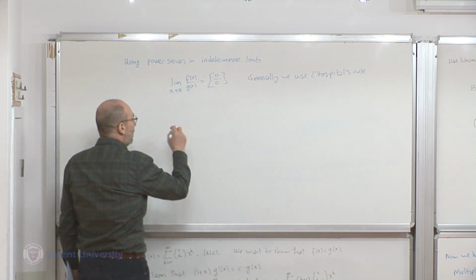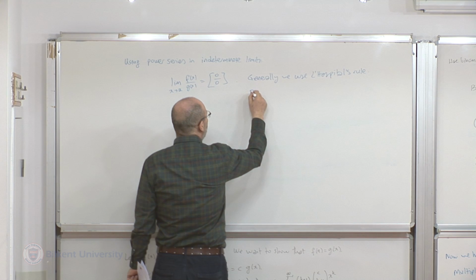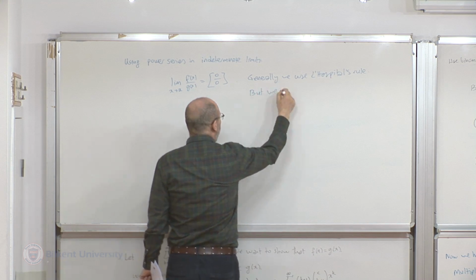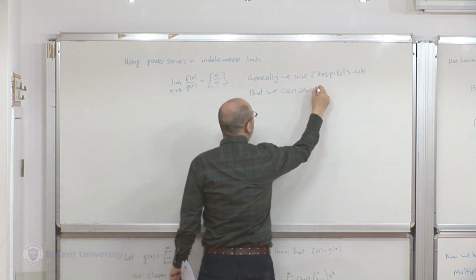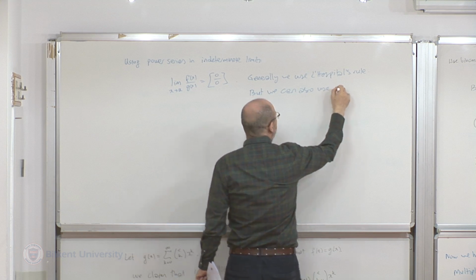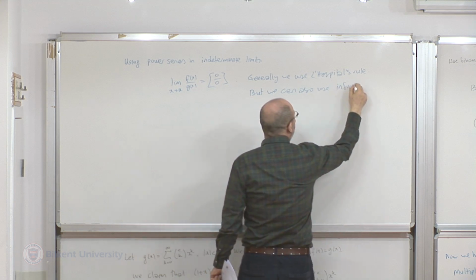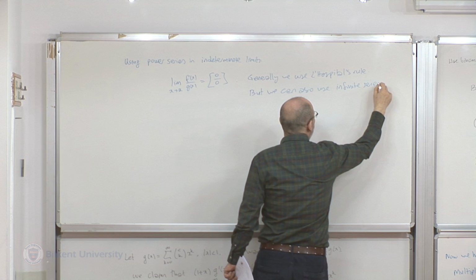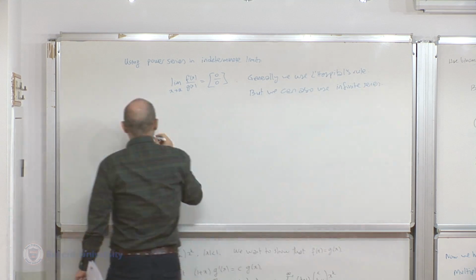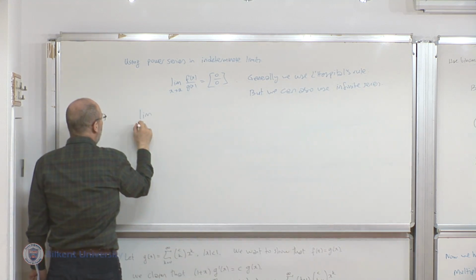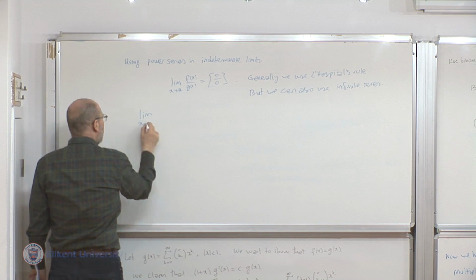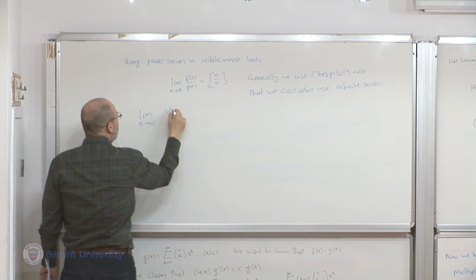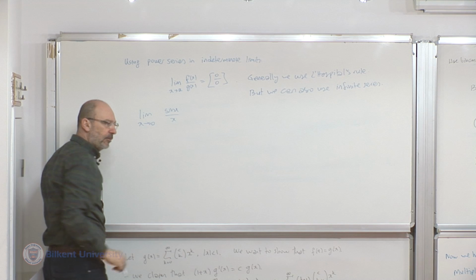Okay, so let's start, but we can also use infinite series. So the first example is the limit as x goes to 0 of sine x over x.